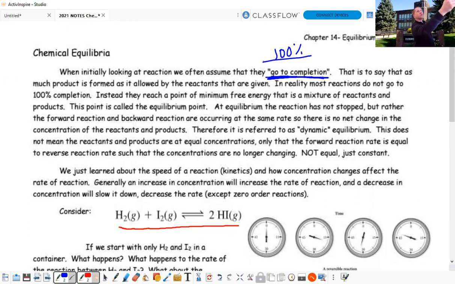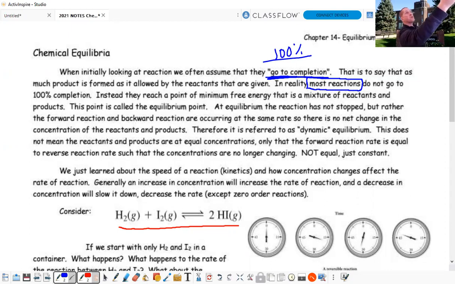In reality, though, most reactions do not. Notice the phrase there, most. I haven't even mentioned this. You've been in chemistry for almost 2 years, year and a half, but most reactions are actually equilibrium. It's just that some of them are usually so close to 100% that we ignore them, at least in first year chemistry. Now we have to start dealing with these as they're not 100%.